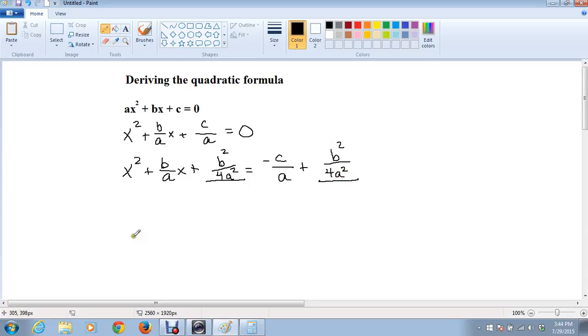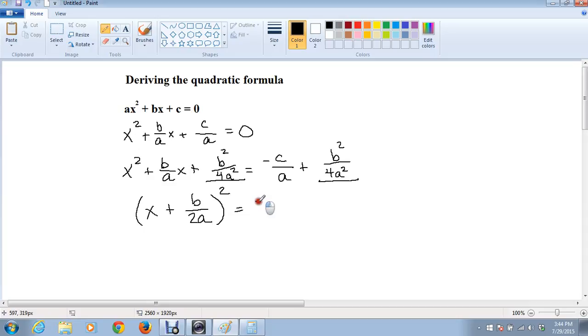Now we have a perfect square on our left side, so we can write it that way. We have x plus half the x coefficient, so it's b over 2a. On the right side, we want to get a common denominator, which is going to be 4a squared, so we need to multiply the first fraction by 4a over 4a to get that.